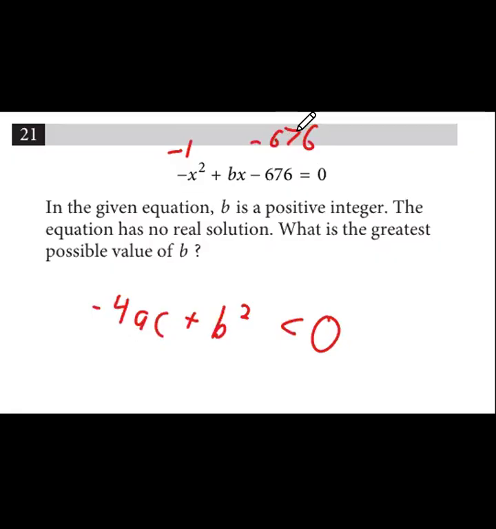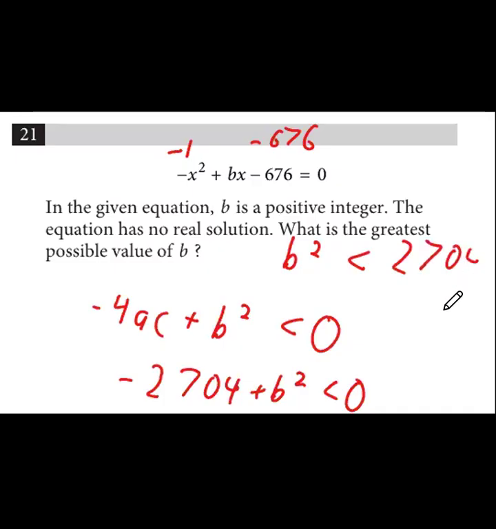This would just be positive 676 times -4. That would get us negative 2,704 plus b squared has to be less than 0. Add to both sides, and we get b squared has to be less than 2,704.